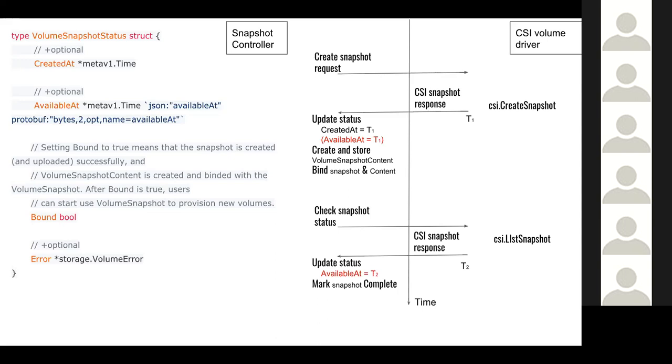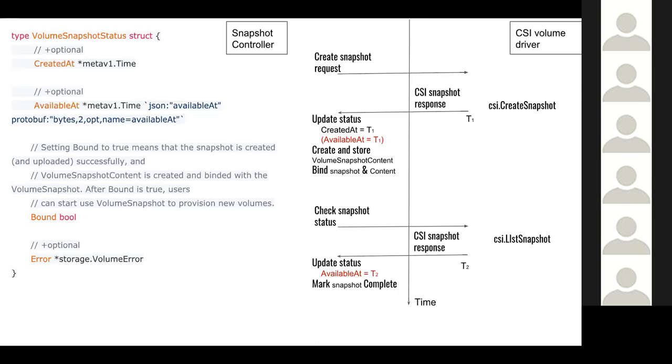And this timeline only shows the dynamic provisioning workflow. Considering static provisioning, that means there is a snapshot already available from the cloud provider or some volume provider, and the user just wants to specify by themselves the volume snapshot content, right?